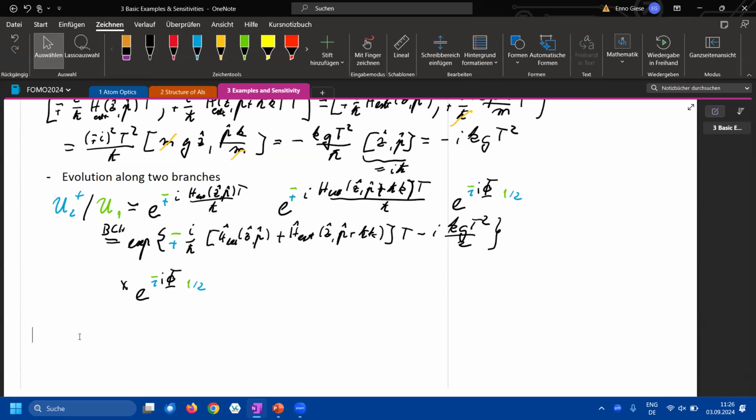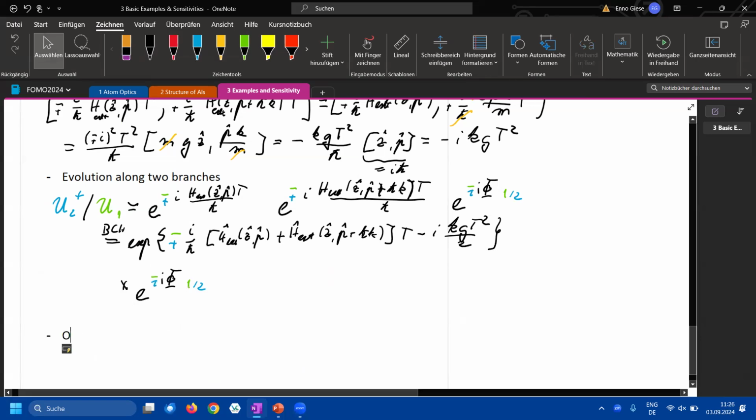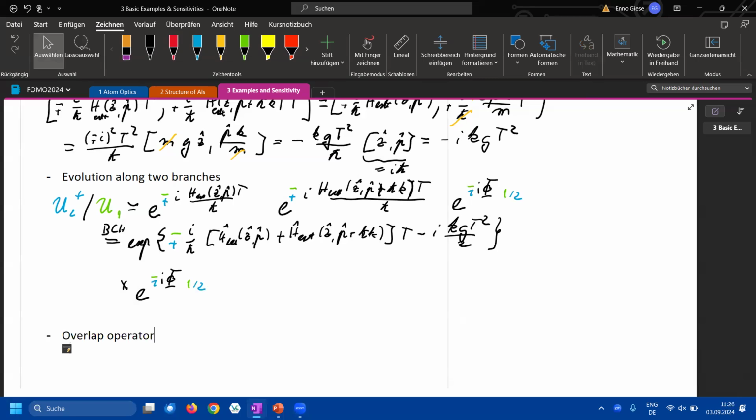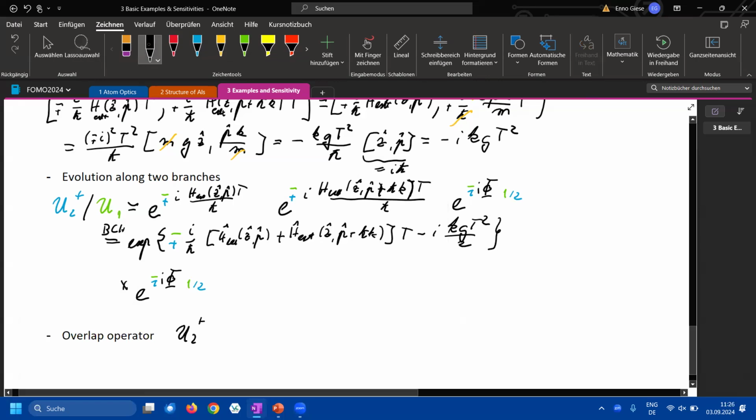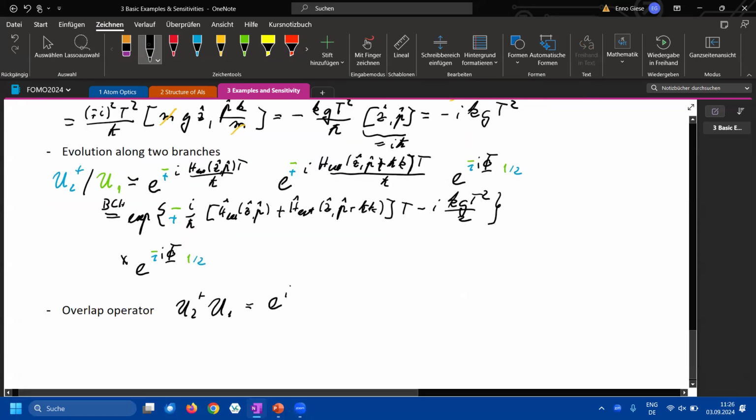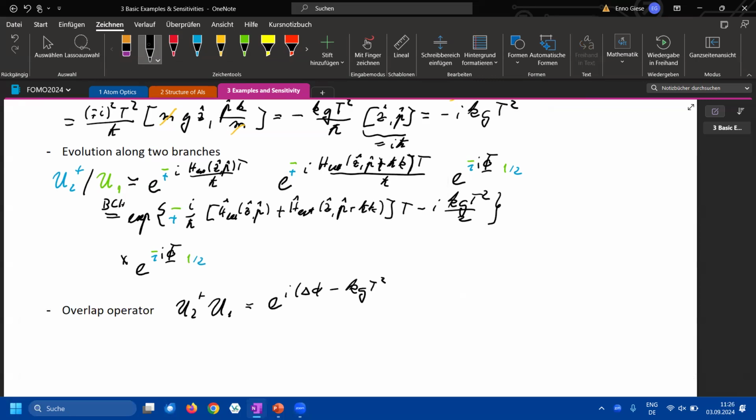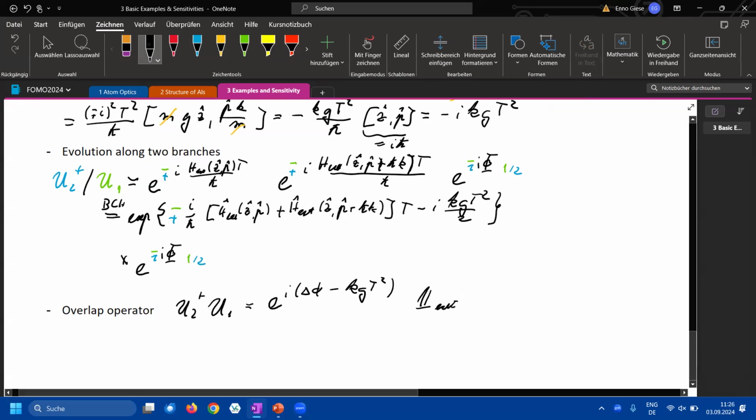And the remaining part is just for the overlap operator, U2 dagger times U1 is equal to e to the i delta phi minus k g T squared times the identity of the external motion.